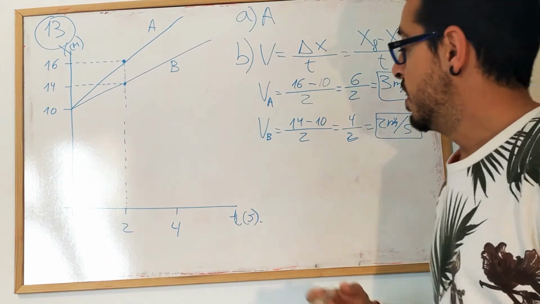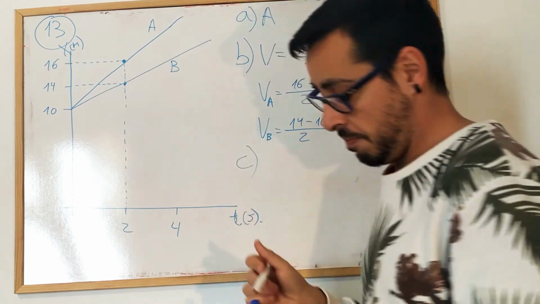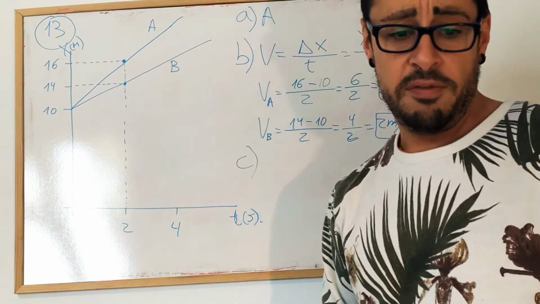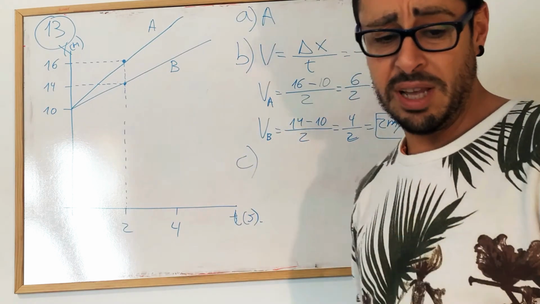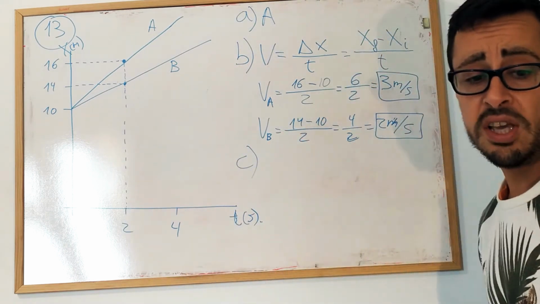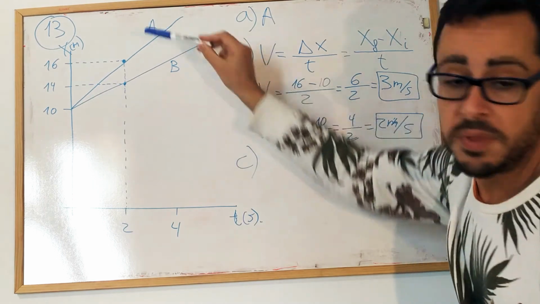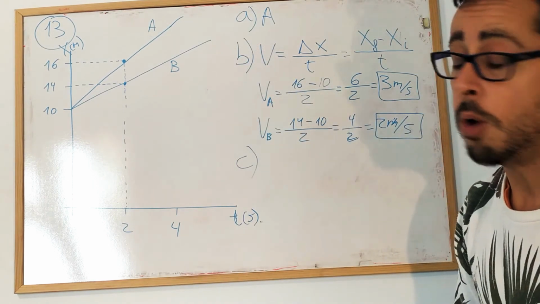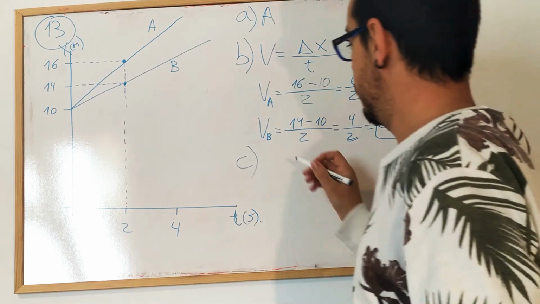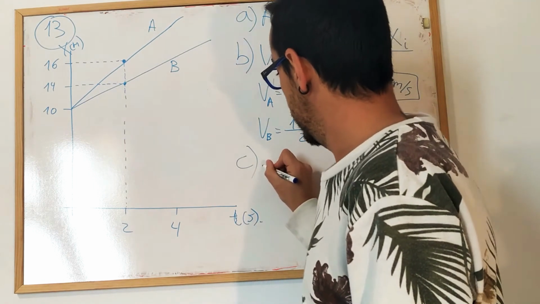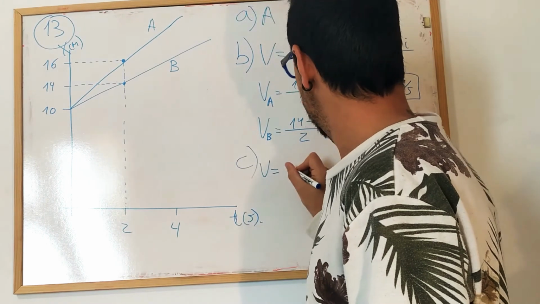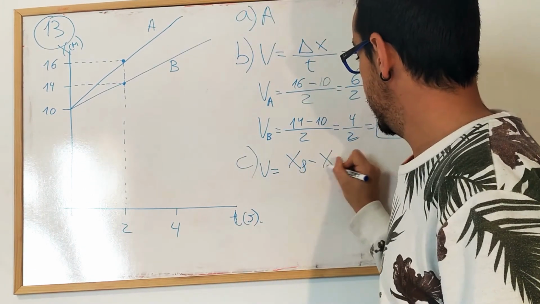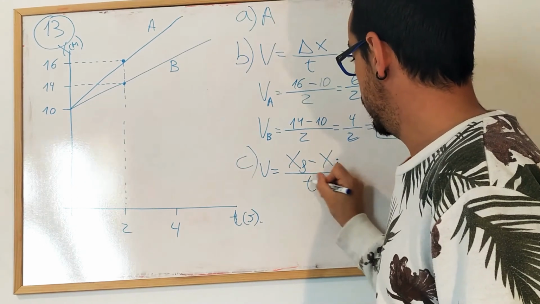That's right. And now, one of them asks for the equation of each one, forget about that, and the other one asks where the object A is after 5 seconds, and what about the object B? Object A: we know that the speed equals final position minus the initial position divided into time.